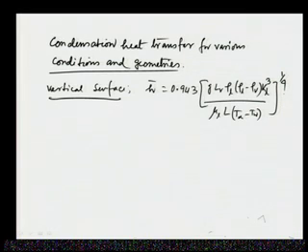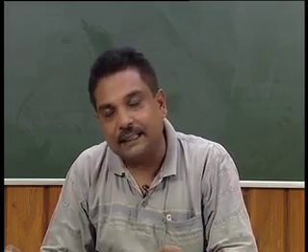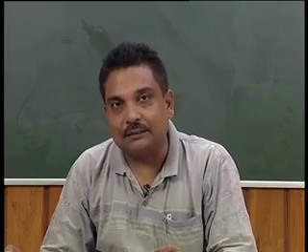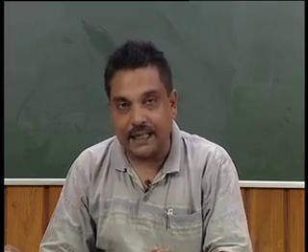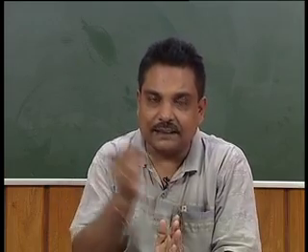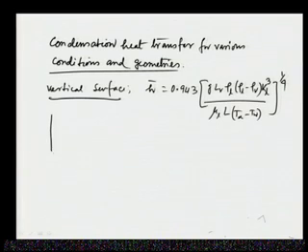Now, this relationship is also quite valid in the case of vertical tubes, when the tube diameter is relatively large. Then the question is, what if the vertical plate or the vertical tube is inclined? If there is an angle of inclination, so this is the vertical direction and this is the plate, and theta is the inclination.